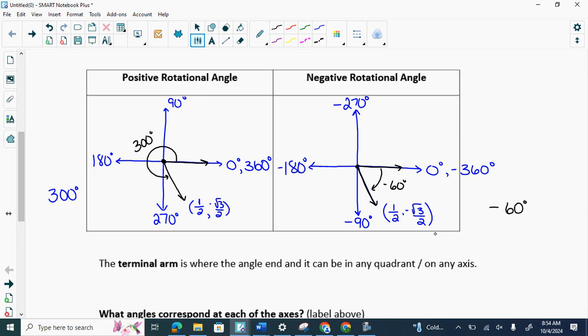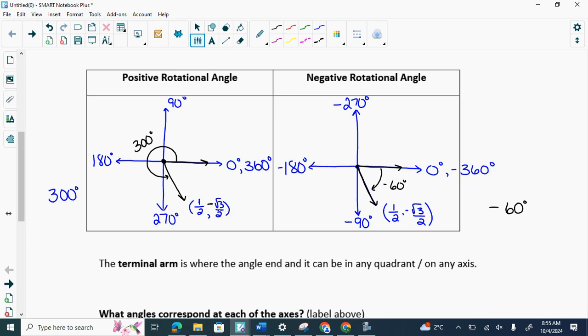So what is sine of 300? Negative √3/2. Yeah. What is cos of 300? 1/2. And what's sine of negative 60? Negative √3/2. And cos of negative 60?